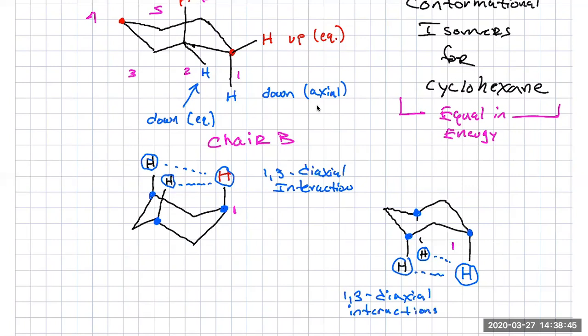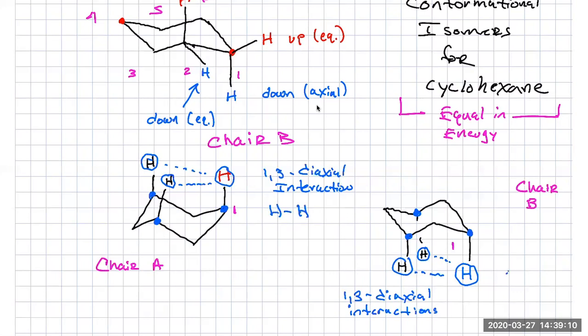Again, let's note what kind of interactions are taking place. So for chair A here and chair B here, all the 1-3 diaxial interactions are between hydrogen and hydrogen.